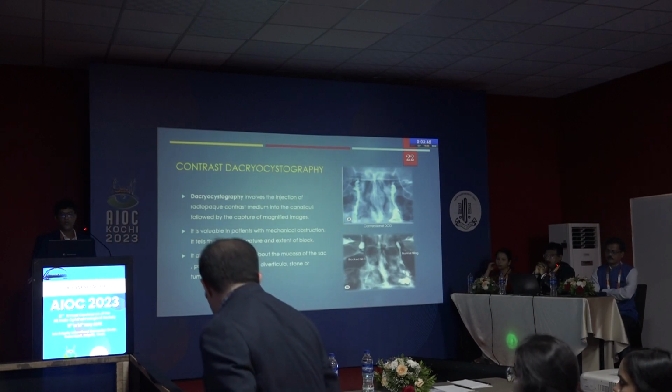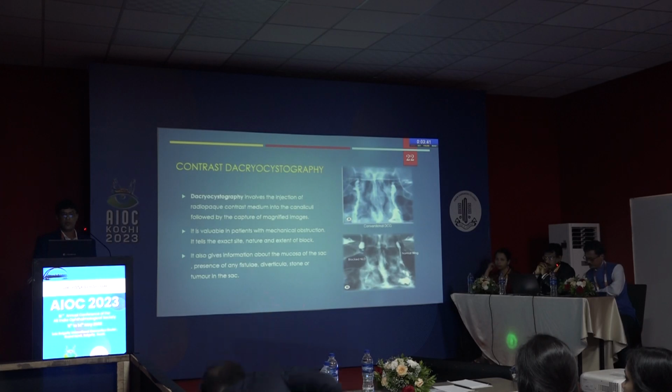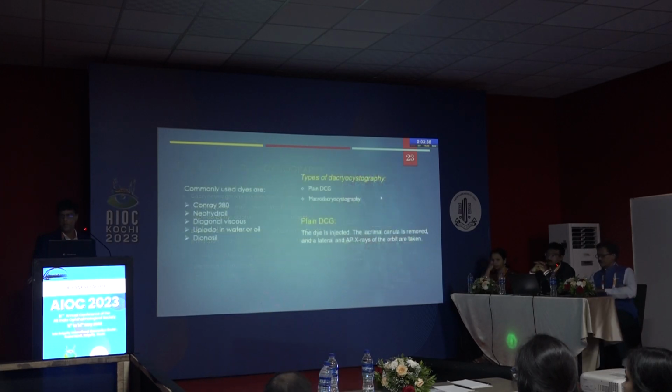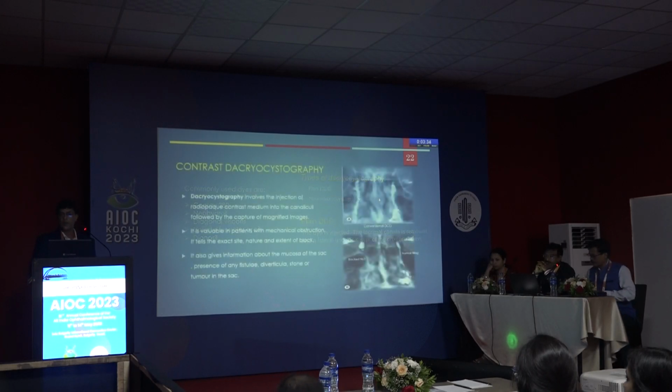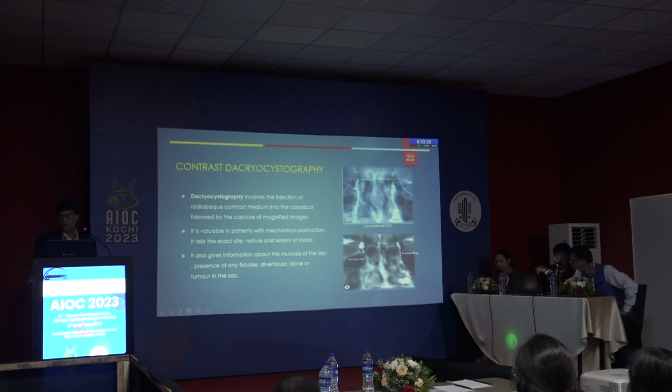It also gives information on the mucosa of the sac and the presence of fistula, diverticula, stones, or any tumor of the sac. Here is a both-sides pattern of the nasolacrimal ducts: the left is normal filling of the nasolacrimal duct system, and on the other side there is a block at the junction of the sac and nasolacrimal duct.